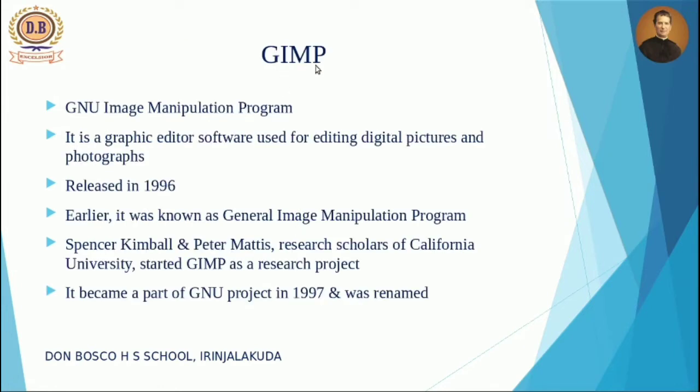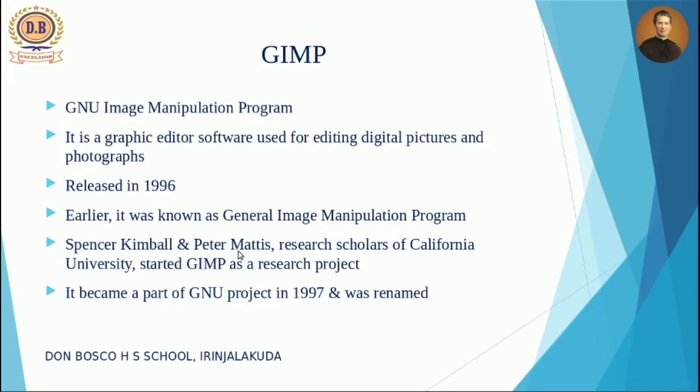Okay, so what is GIMP? It is GNU Image Manipulation Program. The short form of this is known as GIMP. What is GIMP? It is a graphic editor software used for editing digital pictures and photographs. It was released in 1996. Earlier it was known as General Image Manipulation Program.